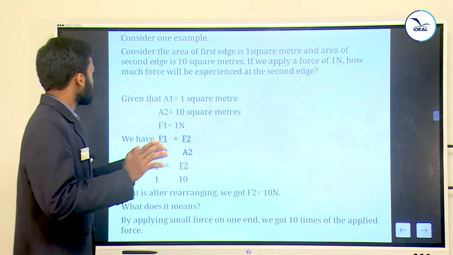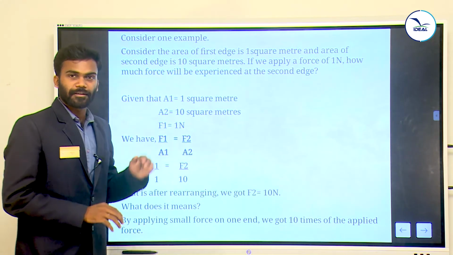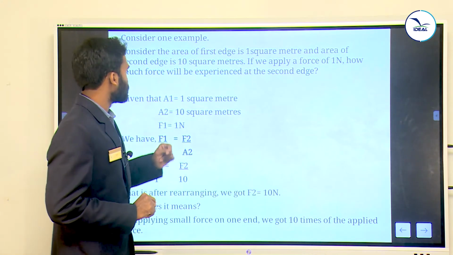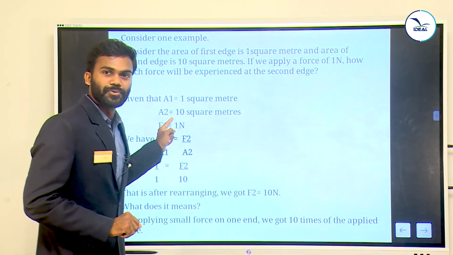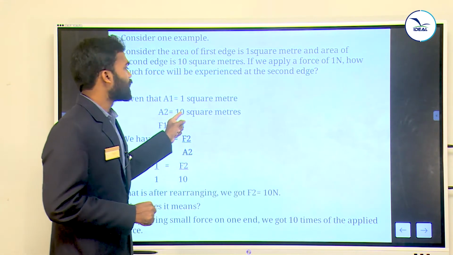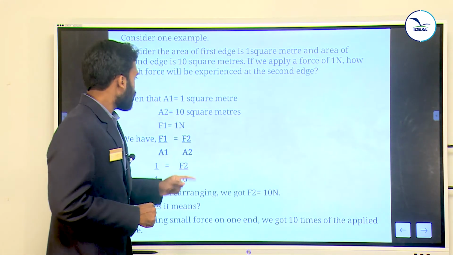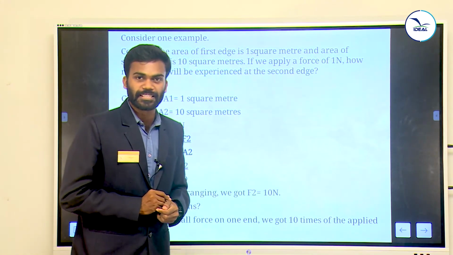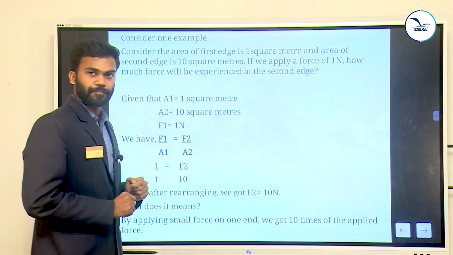Let's see. Given that A1, the area of first end, is 1 square meter. A2, the area of second end, is equal to 10 square meters. Force applied at the first end, that is F1, is equal to 1 Newton.